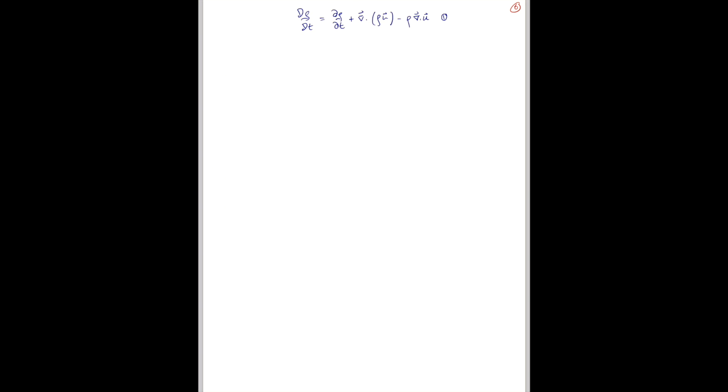And then the continuity equation is simply d rho dt plus the divergence of the flux is 0. So this is my equation 2. And if you compare these two, you'll find that this term and this term are actually the same.